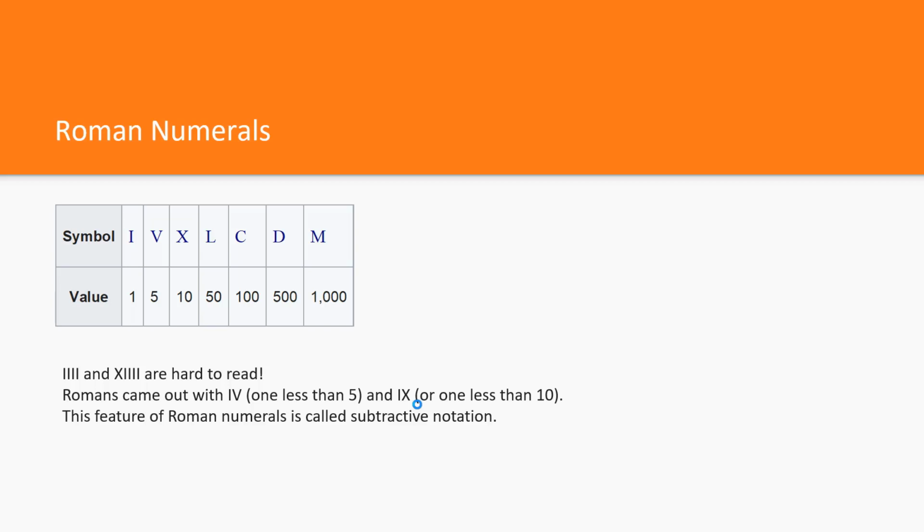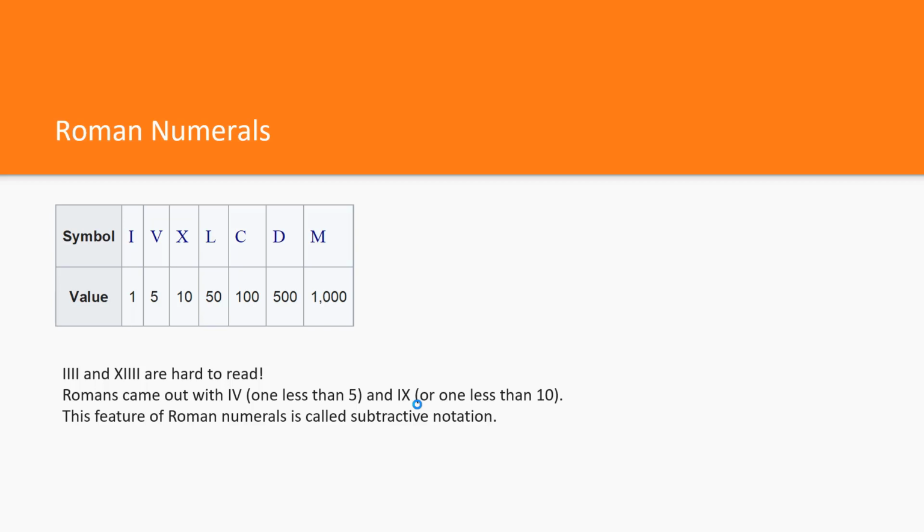So the numerals for 4, IIII, and 9, VIIII, proved problematic. Among other things, they're easily confused with III and VIII, 3 and 8, and they were generally replaced with IV, or 1 less than 5, and IX, or 1 less than 10. And this feature of Roman numerals is called subtractive notation.